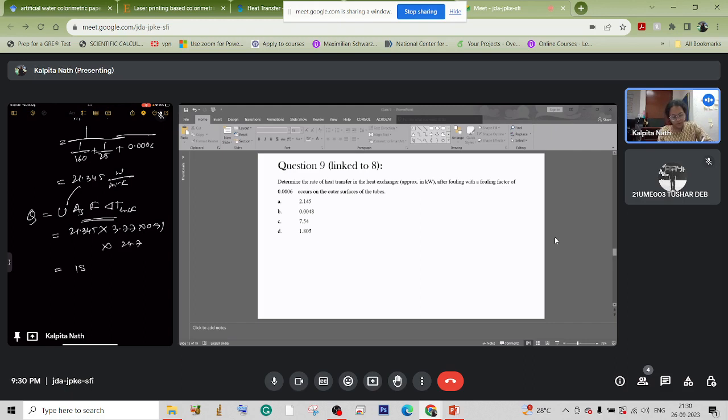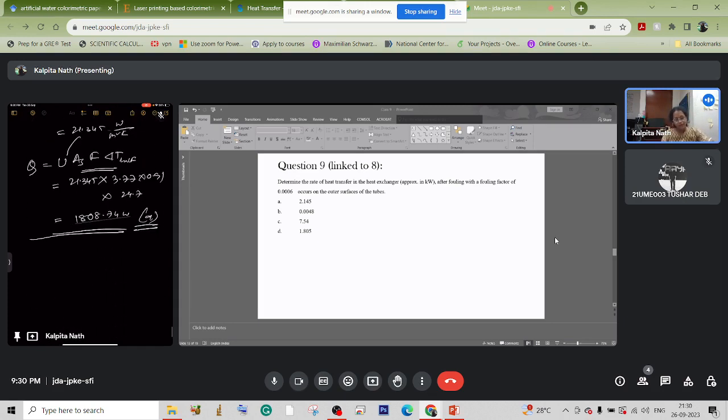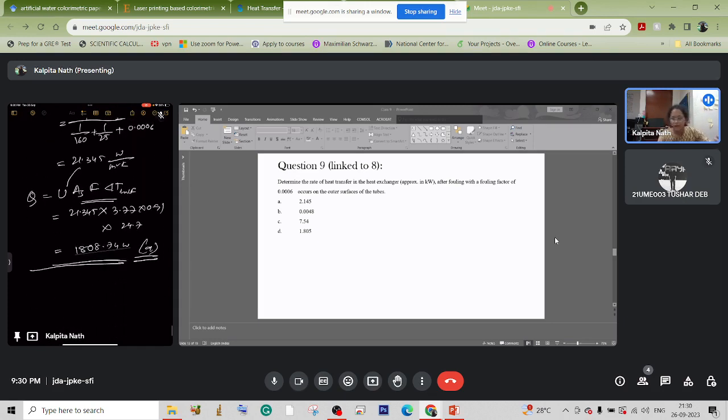So this will come out to be 1808.74. So this is option D. The rate of heat transfer decreases because of fouling. Obviously, as we compare, it has decreased, and this is expected because of fouling.